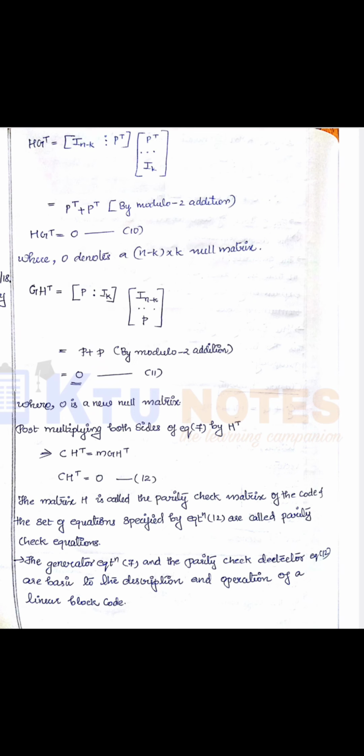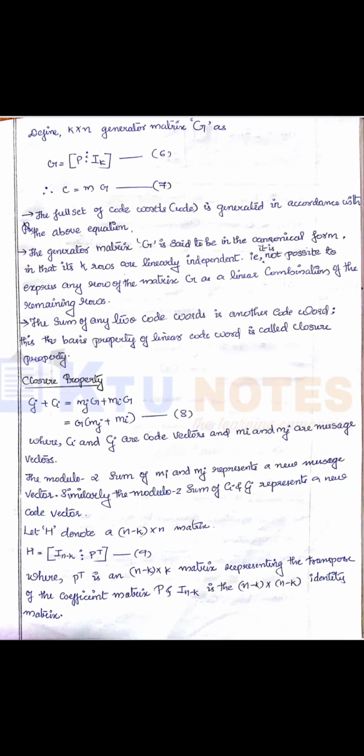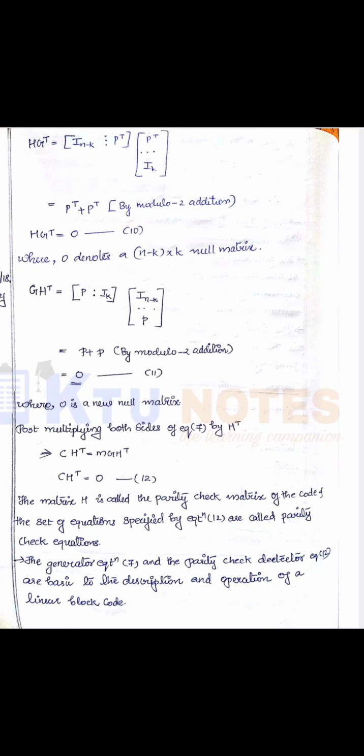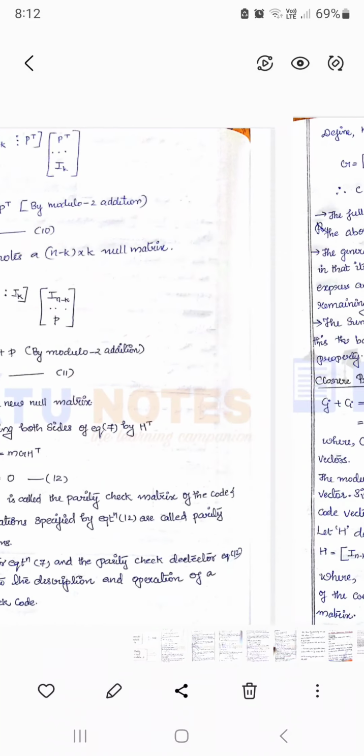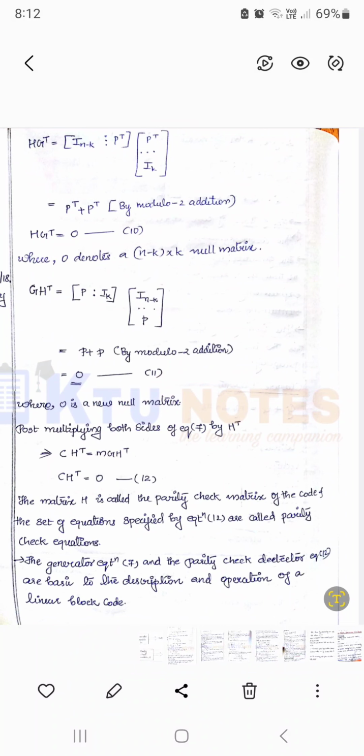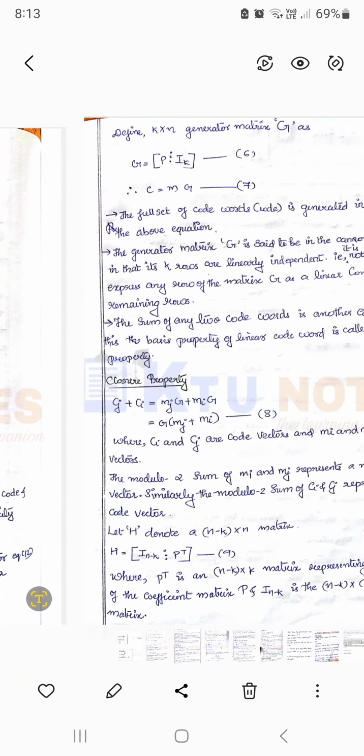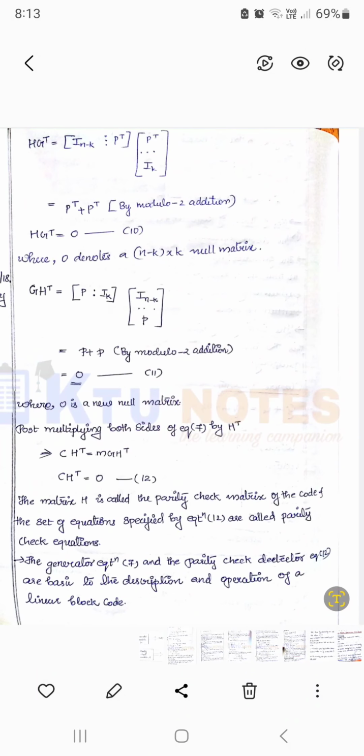Okay. So we can create an equation for H transpose. From equation 7, we have C is equal to mG. Now for this C is equal to mG, we multiply both sides with H transpose.